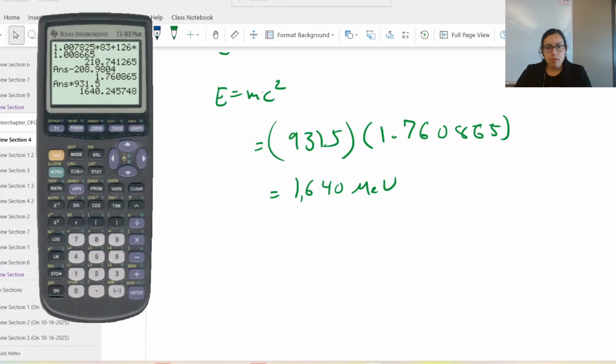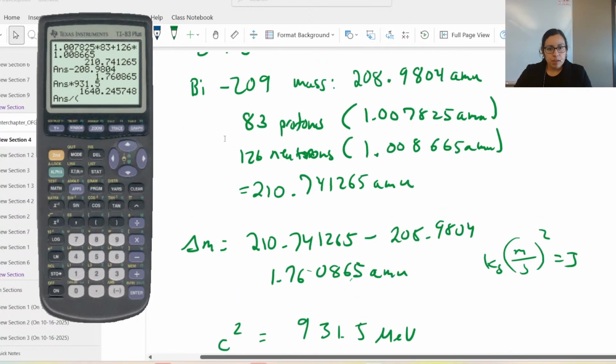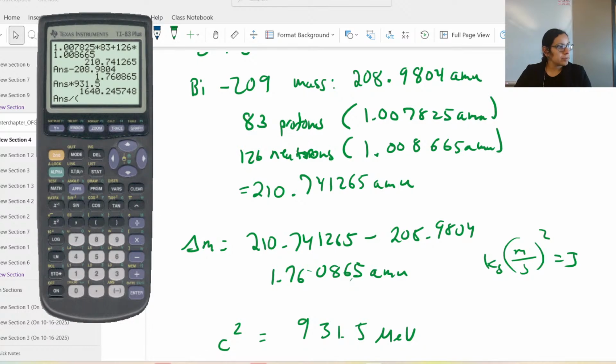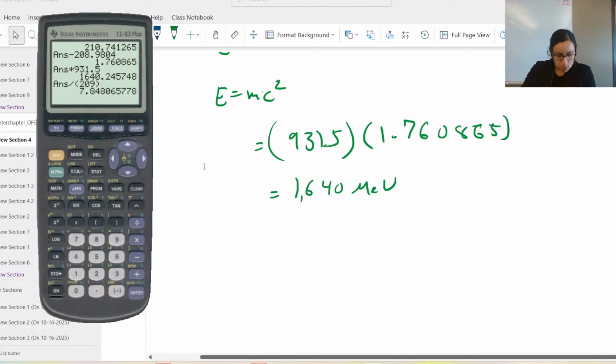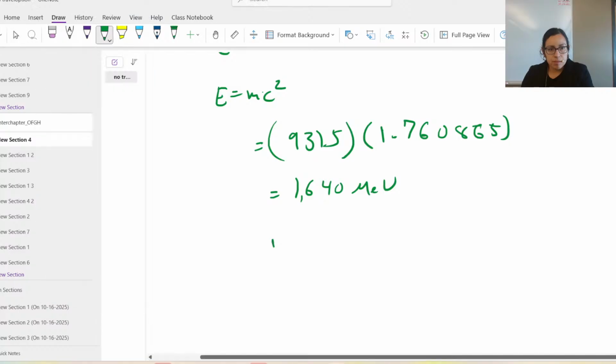And so then we can divide this by our total number of nucleons, so divided by 209. And so then we get about 7.84 mega electron volts per nucleon.